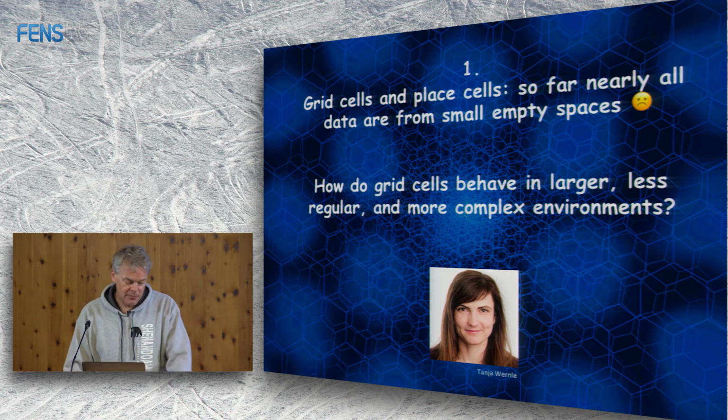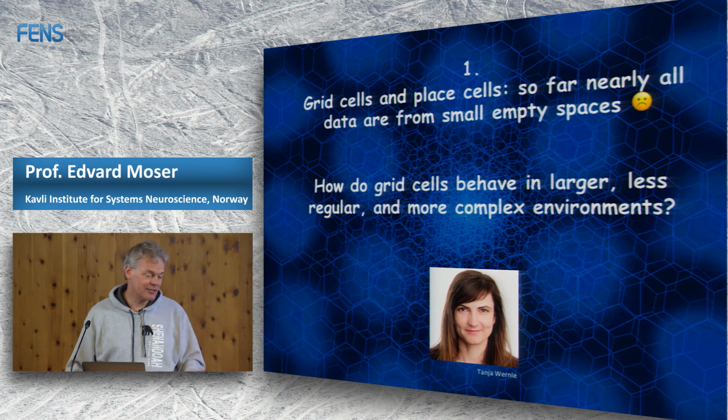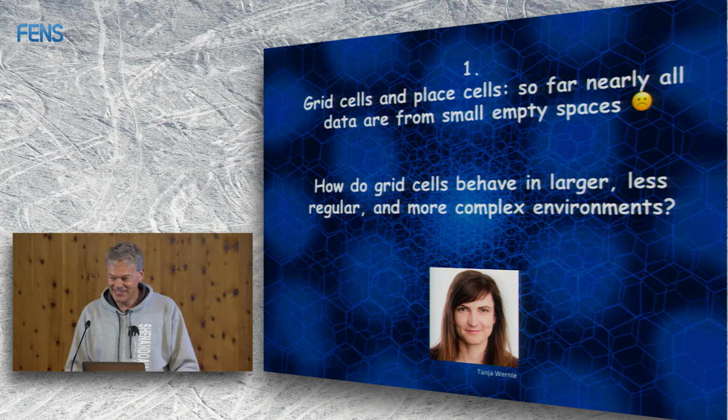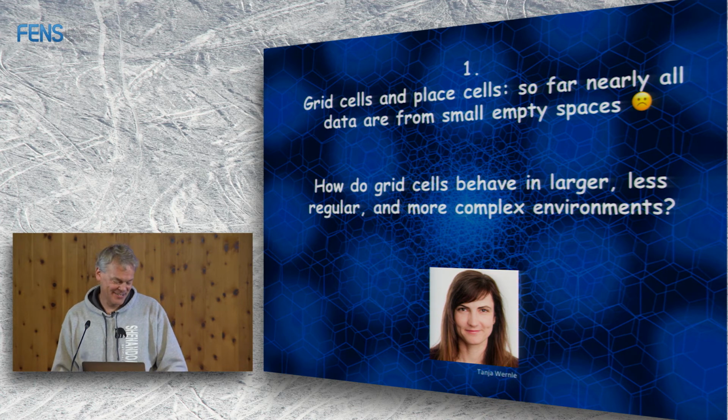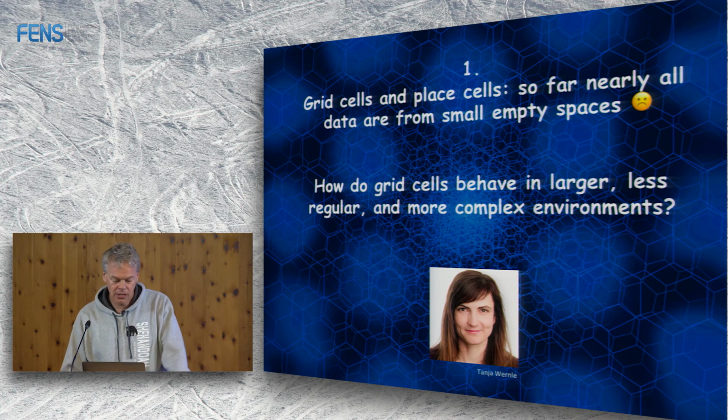As I'm sure you heard from Nahum yesterday, these data are from very, very simplified environments. That is good, because otherwise we would never have detected the cells. But the bad thing is that the real world is slightly more complicated. So an obvious question is how grid cells and also the other types of cells actually operate in more normal environments.